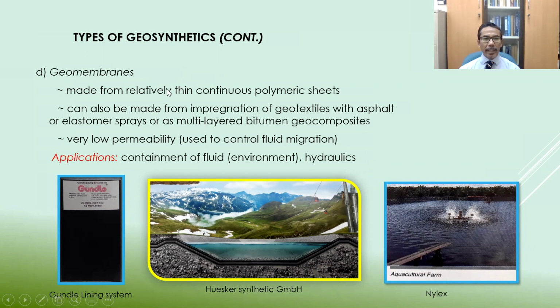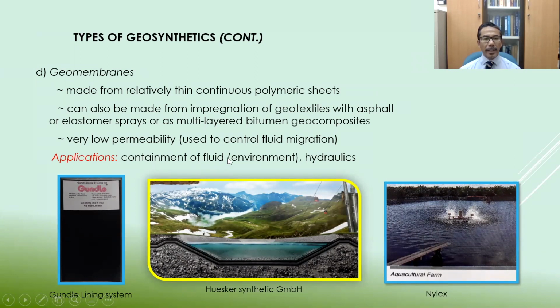Normally this geomembrane is relatively thin and continuous and can be considered as impermeable, or some people may consider it as very low permeability. In terms of applications, normally geomembranes are being used for the containment of fluid.